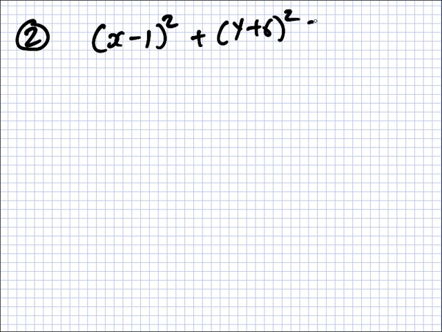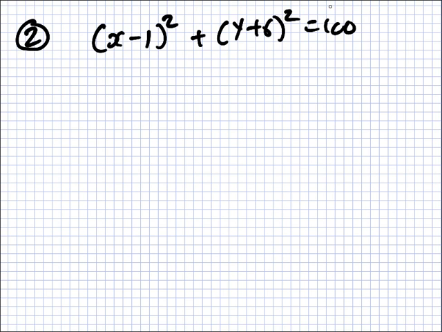Our second example is an easy one. We'll take the one we just did: x minus 1 squared plus y plus 6 squared equals 100. Let's write it in the other form. How might you see this on the MCQ?